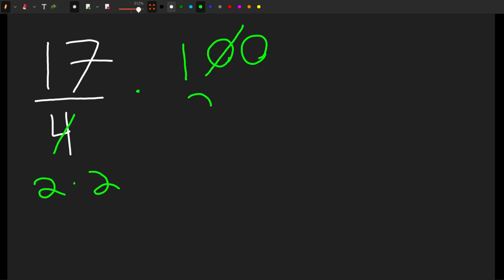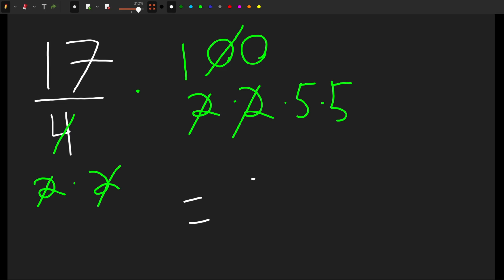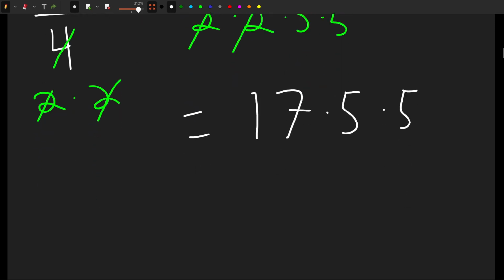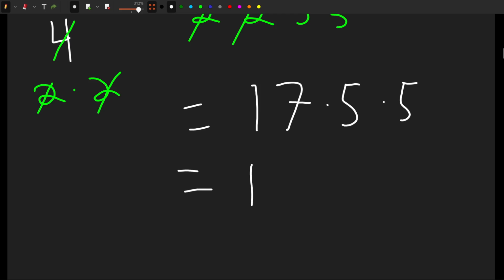And then 100 again can be rewritten as 2 times 2 times 5 times 5. The 2's can cancel out. And so I will be left with 17 times 5 times 5. In this case, that is 17 times 25.